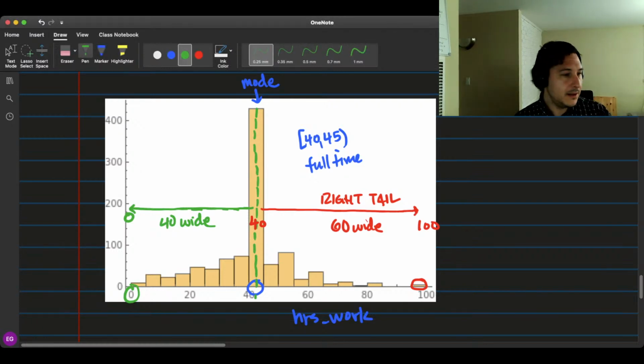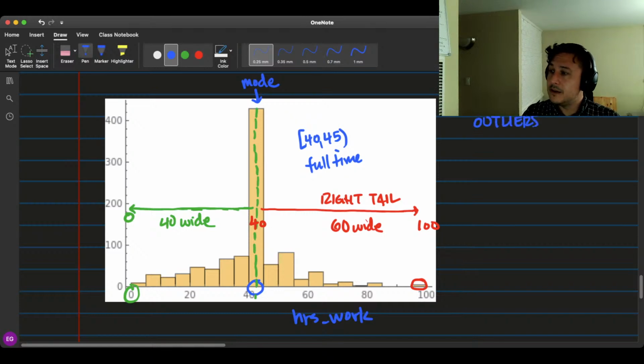You can see that it definitely goes out further to the right, but I want to point something out to you here. We talk about the shape, and then there's something about whether you see outliers in the graph. We're going to talk about that right now. So you have this bin right here, the 95 to 100.